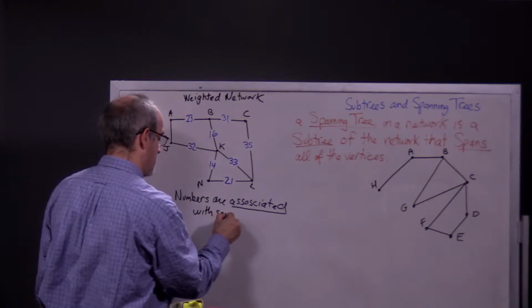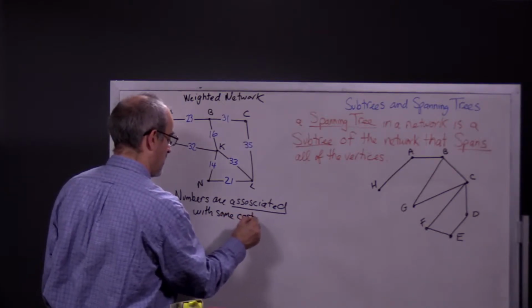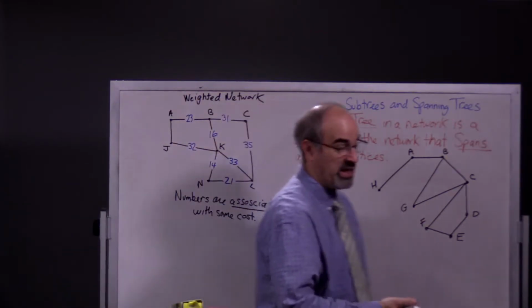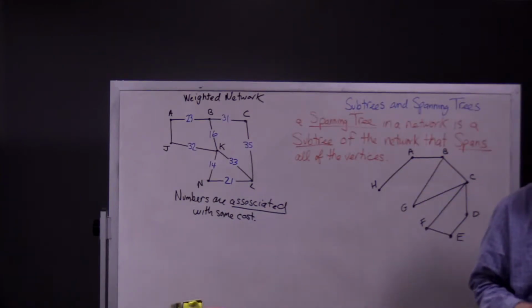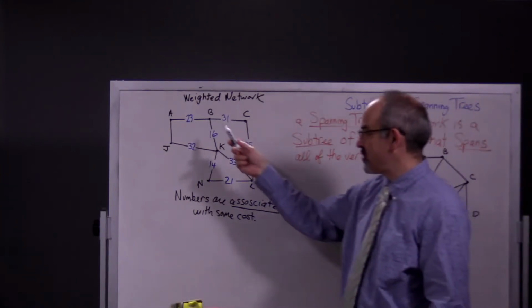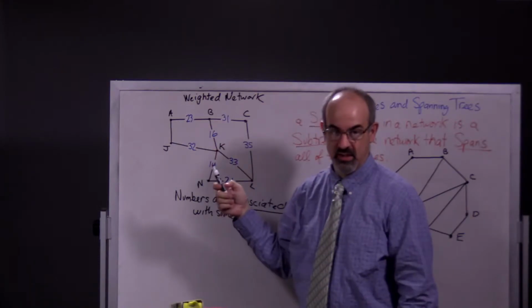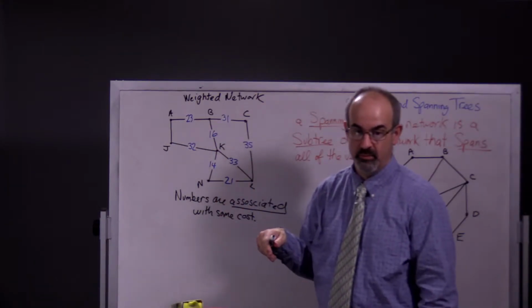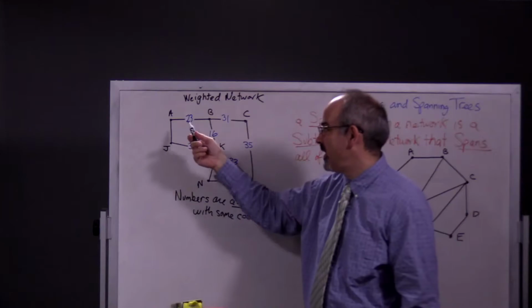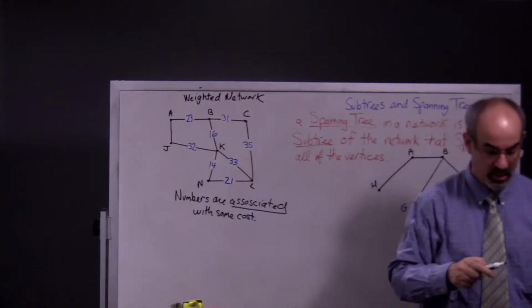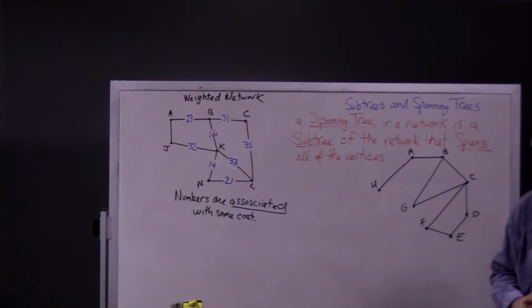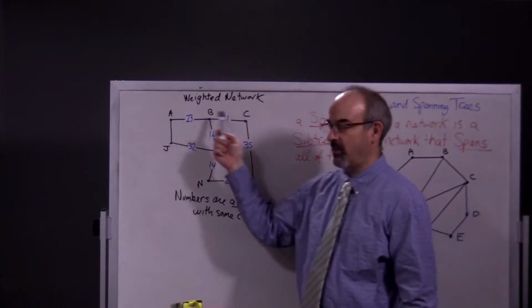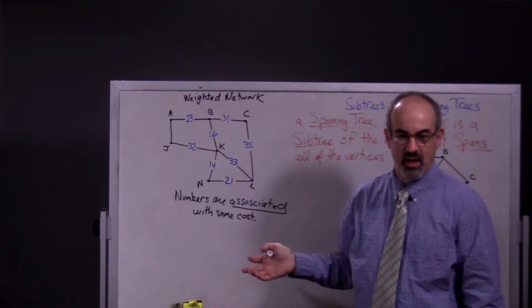The cost could be actually a cost. It could be how much money it takes to go from A to B, or how much a road costs in hundreds of thousands of dollars to be constructed from A to B. But by cost, it could also mean something else.